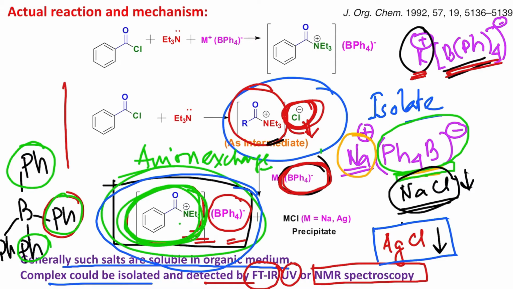So that's why, since silver loves chlorine more compared to this tetraphenyl borate anion, consequently it allows this tetraphenyl borate to go with the cationic species, and it exchanges this chloride anion, and that is the main driving force for this formation when silver tetraphenyl borate is used as a salt. Now we have understood the mechanism.